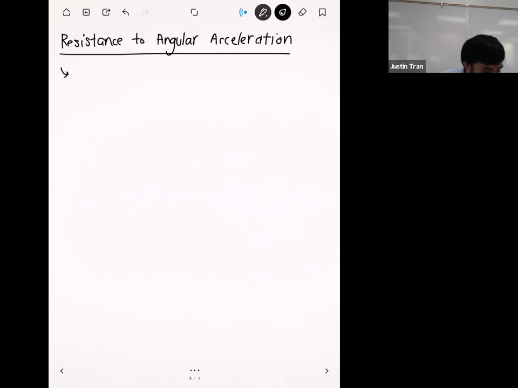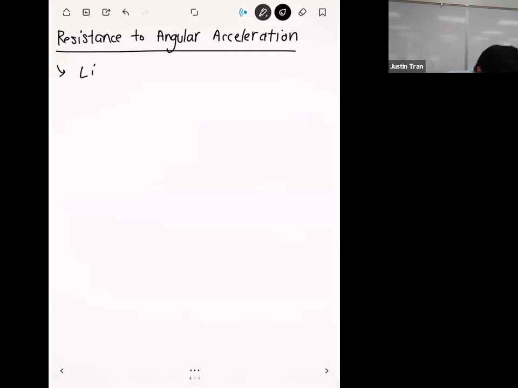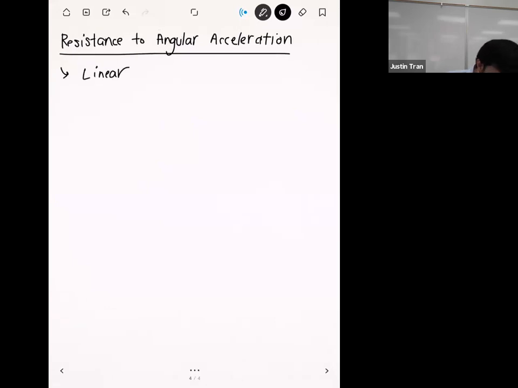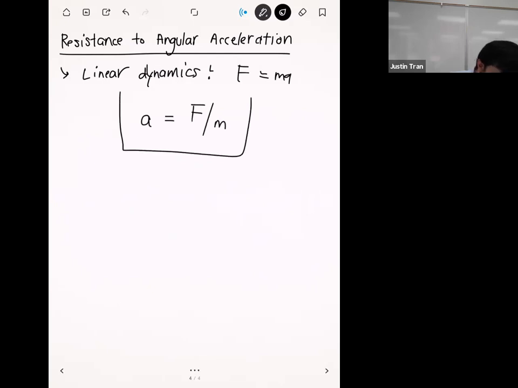If we think back to linear dynamics, in linear dynamics we have basically Newton's second law, F is equal to ma. If I rearrange this formula a little bit and solve for a, what I get is a is equal to F over m.